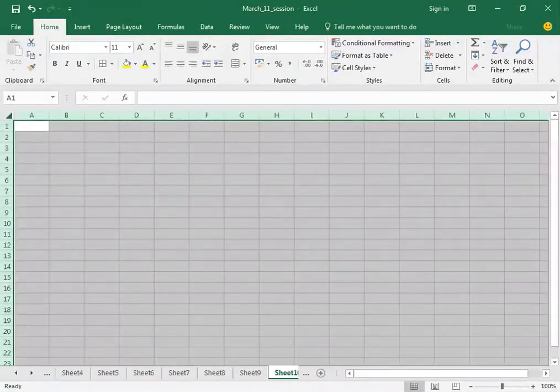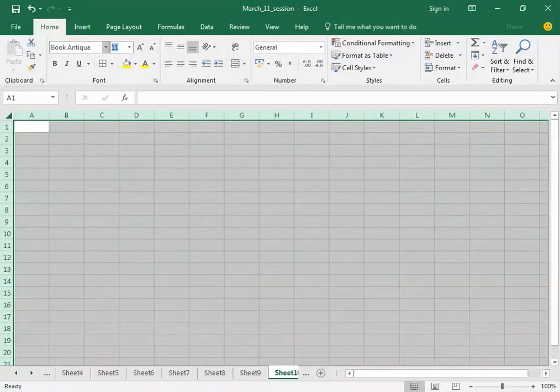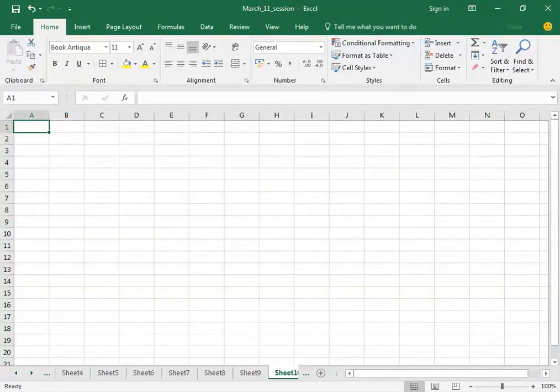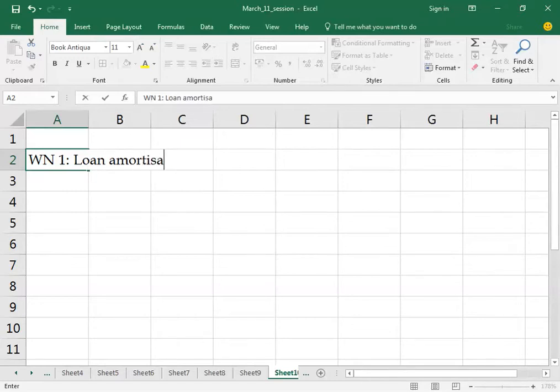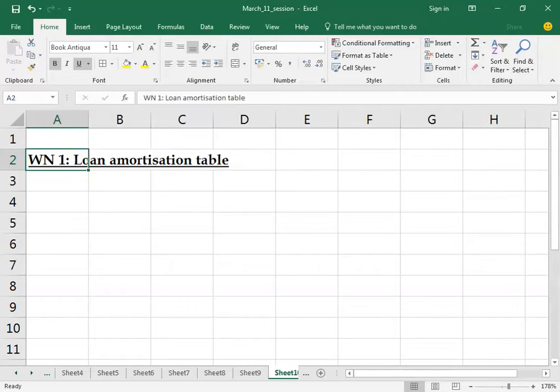Loan amortization table. Page number 12, November 2016. Loan amortization table.